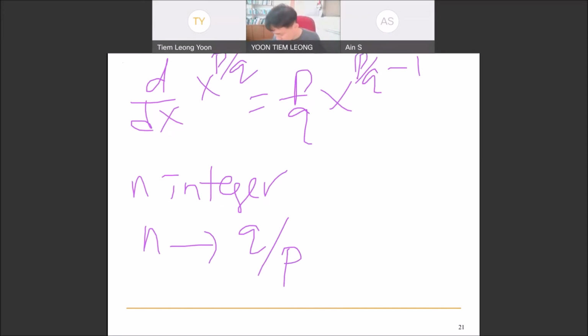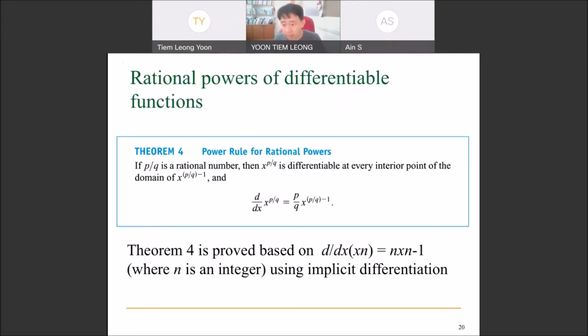Maybe we will show the proof later, when we talk about the definition of power functions. But at this point, just adopt this theorem so that you can use it to calculate the derivative of a variable x raised to the power of a rational number.